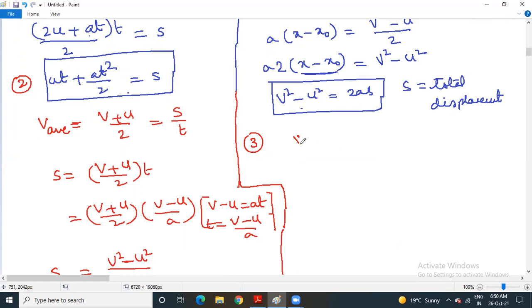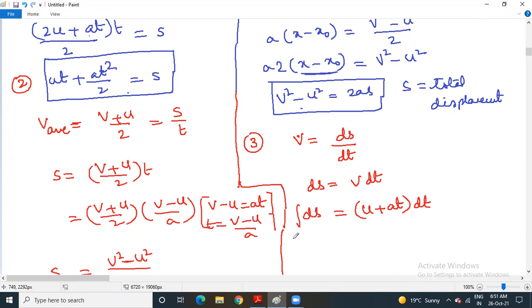We know that velocity is equal to the rate of change of displacement. So displacement is equal to v into dt. Now make use of the first equation of motion, (u plus at) with dt is equal to ds. Now you go for the integration method.